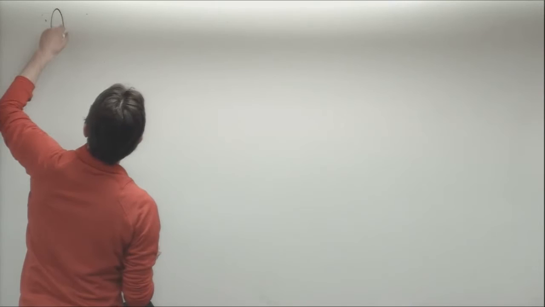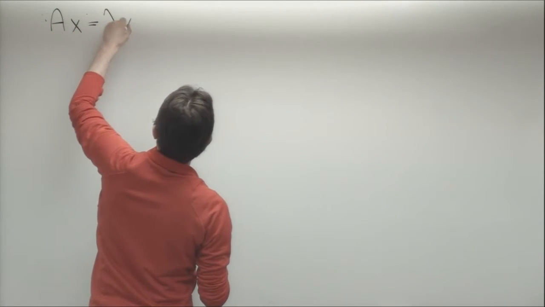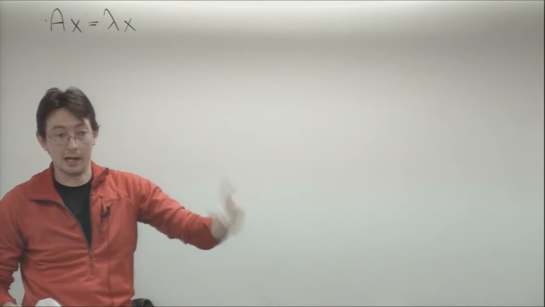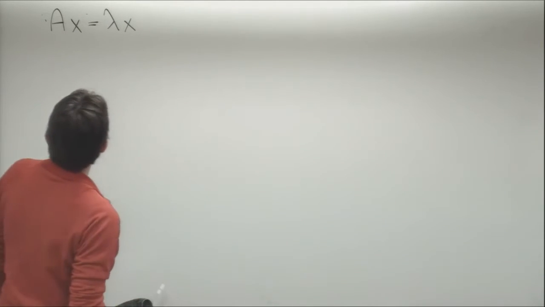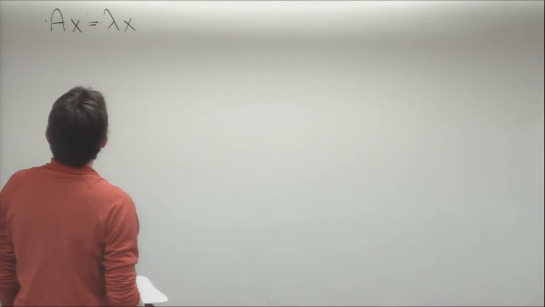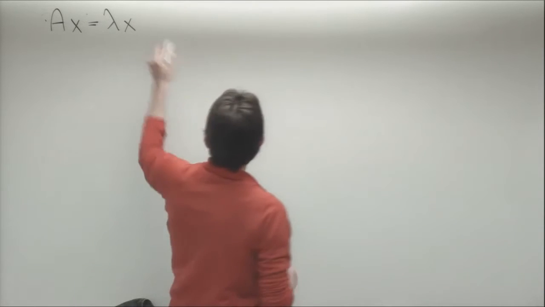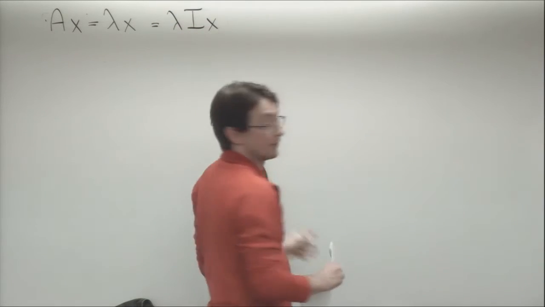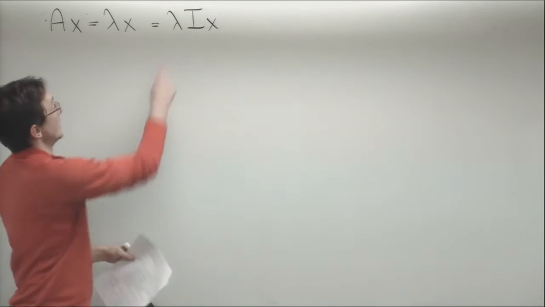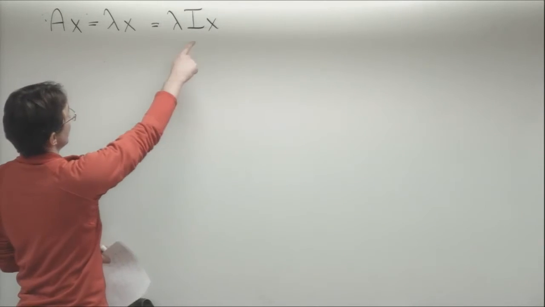So we have A times x equals lambda times x, and we want to solve for lambda and x. We know what A is. I can always write a number times a vector as that number times the identity matrix times that vector, because identity times x is always x. So this is the same thing.